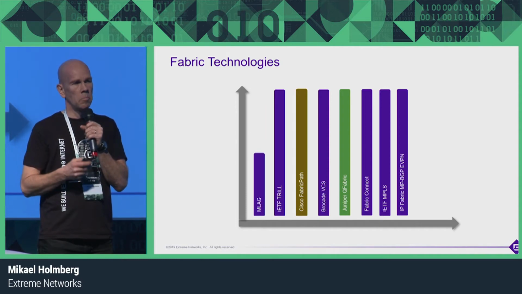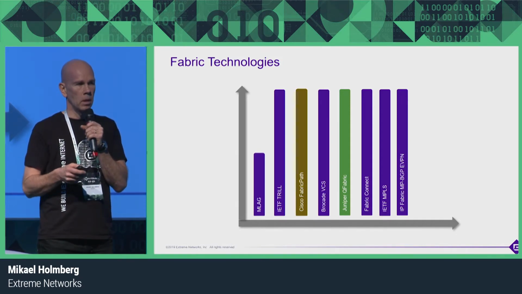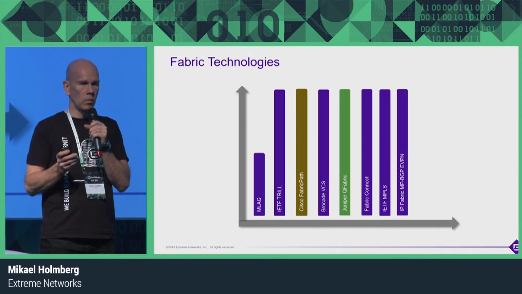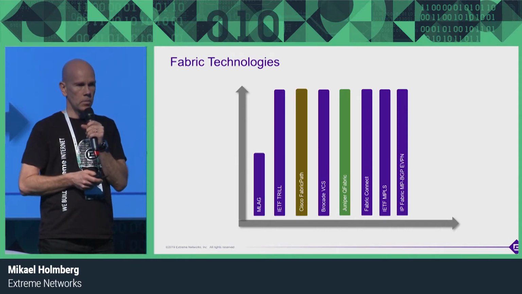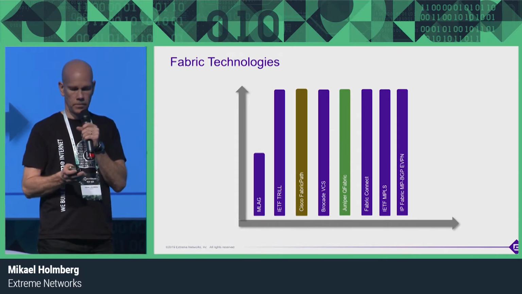So as you can see, there's a bunch of fabrics, and I haven't even covered all of them. There are even more vendor-specific fabric types out there. The point I'm making here is that there are a lot of different fabrics with different characteristics, meaning that you have different use cases for those.